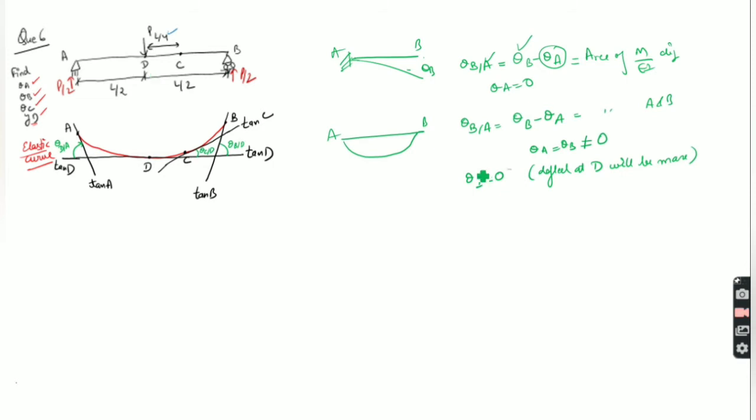So if I want to calculate theta B, then I will use this relation, theta BD is equal to theta B minus theta D, and I will put theta D equal to 0. So that's how I will be able to find theta B, right? So in this question, when we want to find theta A, B, C, we have to choose D as the relative tangent for all these points. Okay.